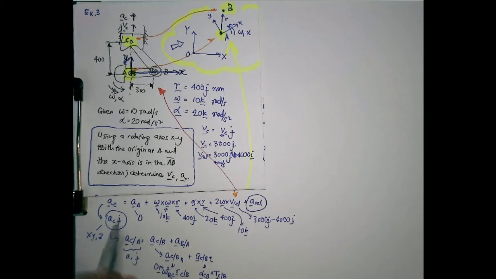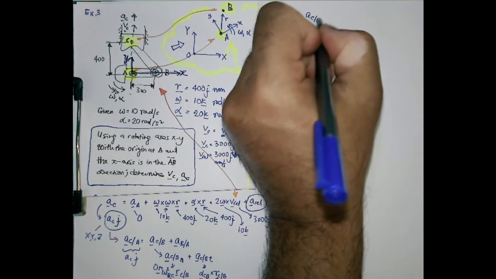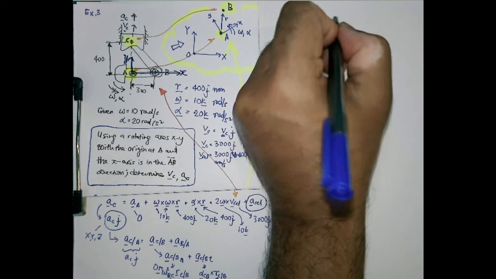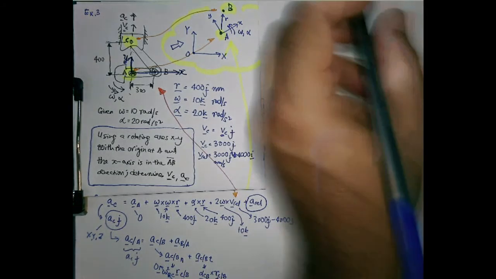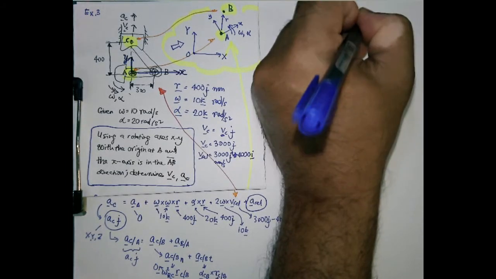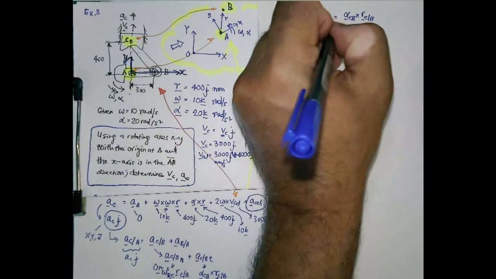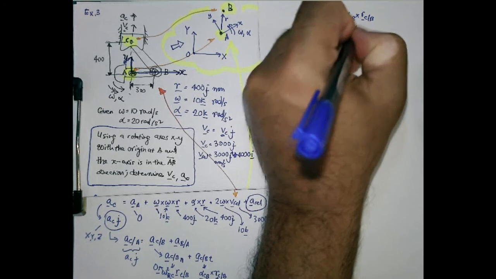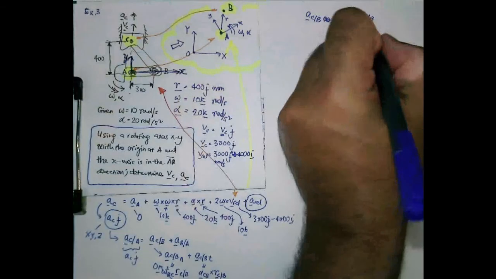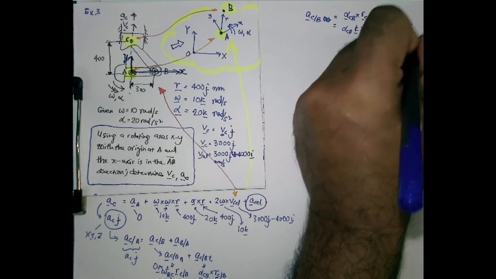So we can bring the results here. The acceleration of CB in the tangential direction is only alpha CB cross position vector C relative to B. We know what C relative to B is, and we can assume alpha CBk cross the position vector, which is minus 300i plus 400j.